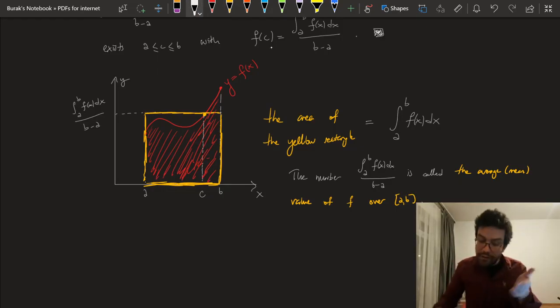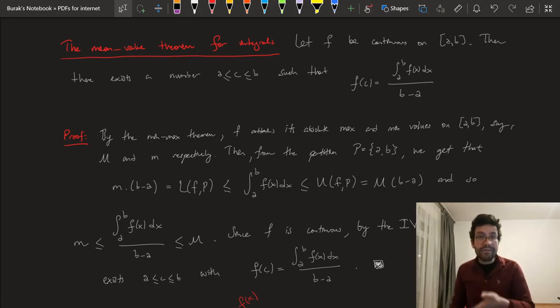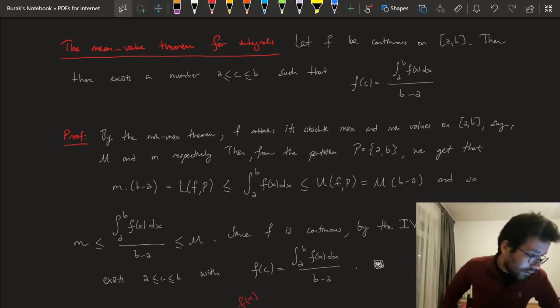This is why this is called the mean value theorem for integrals. This simply tells you that if you have a continuous function on a closed bounded interval, its mean value is actually attained somewhere.